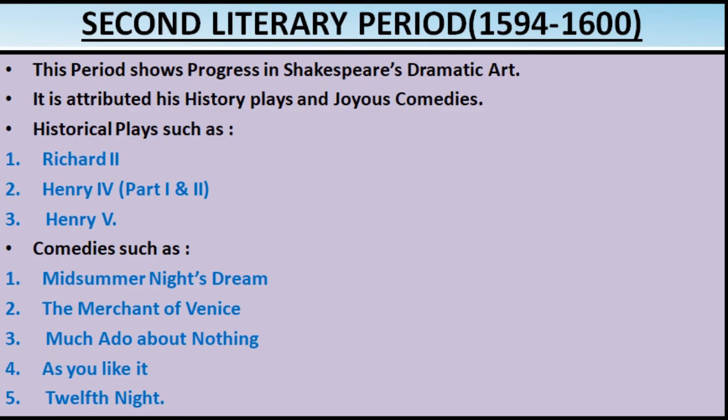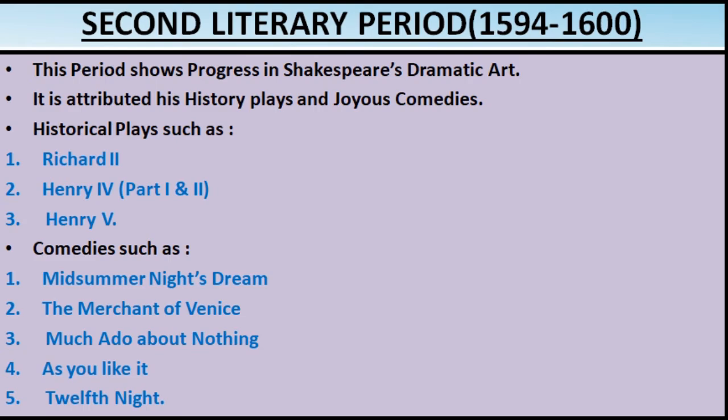The next point is that it is attributed to his history plays and joyous comedies. So the second literary period revolves around the history plays as well as the joyous comedies. He wrote historical plays as well as comedies in the second literary period.